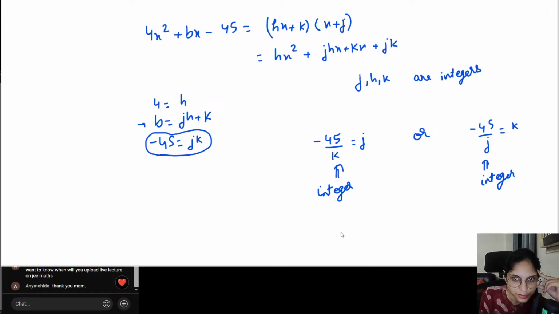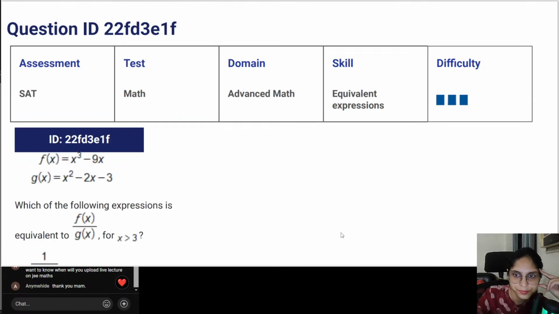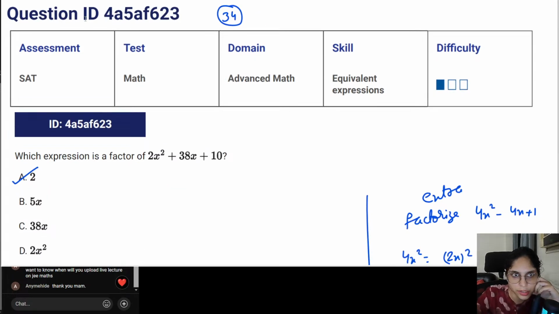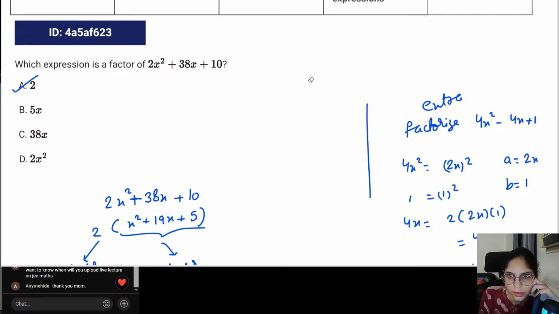Next is 35. Yeah, also over here, I had done this extra thing. I'll erase it because I had explained it.